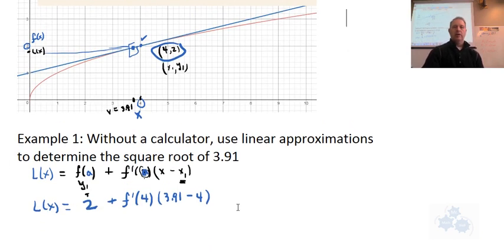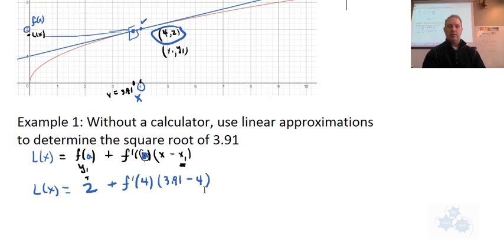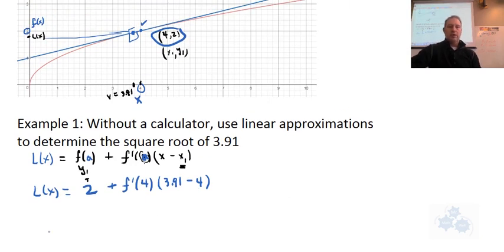All right, so if we do this now, you guys have probably jumped ahead and done this. So we've got 2, and this slope here, we worked that out earlier. The function is root x, and so the derivative is 1/2 x to the negative 1/2.